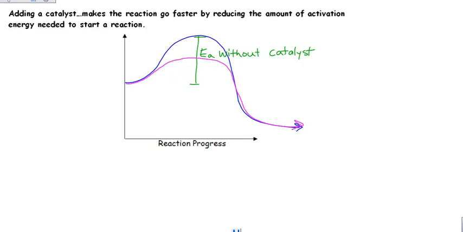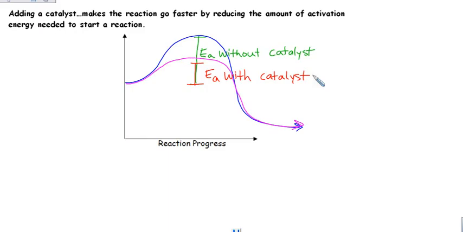And then maybe this would be my activation energy with the catalyst. So if it takes less energy to get the reaction started, it should go faster.